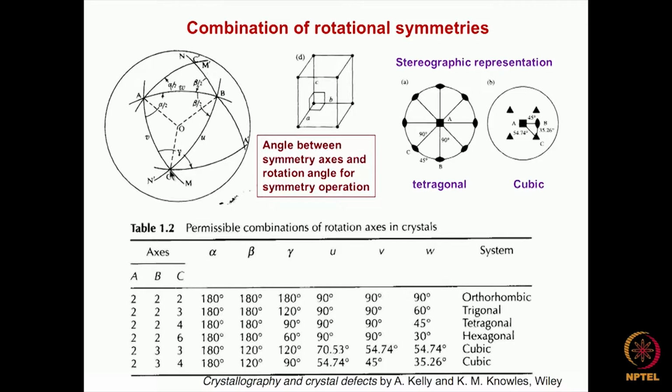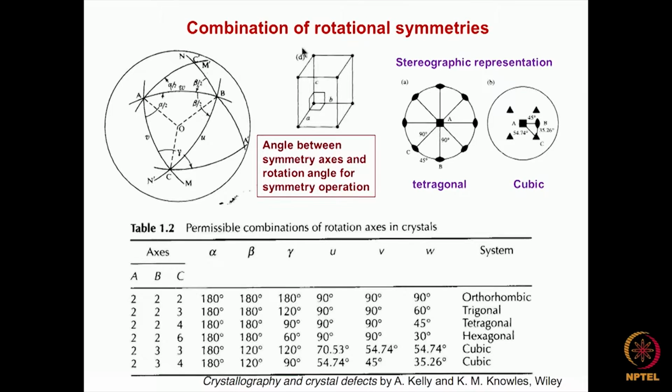If I represent a twofold axis on the surface of a sphere, with this as the origin O, then around this direction or around this direction, along two directions I find some sort of rotational symmetry. Then we identify a third direction and the type of symmetry which exists there. These are all the combinations of symmetry elements which are possible.